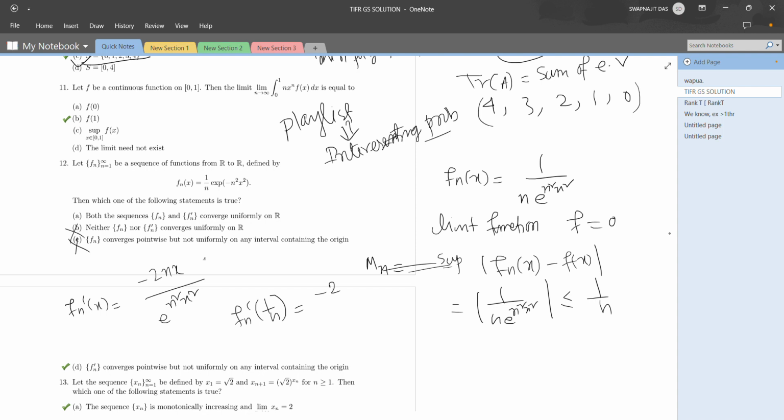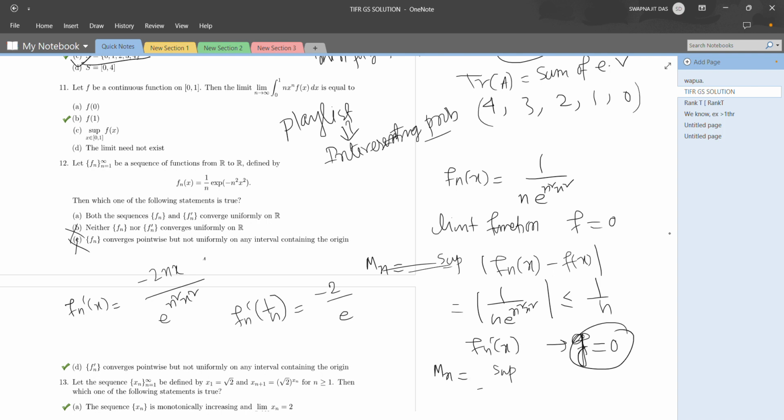So fn prime at 1 by n is minus 2 by e, right? So you can easily check that fn prime of x pointwise converges to the 0 function, right?